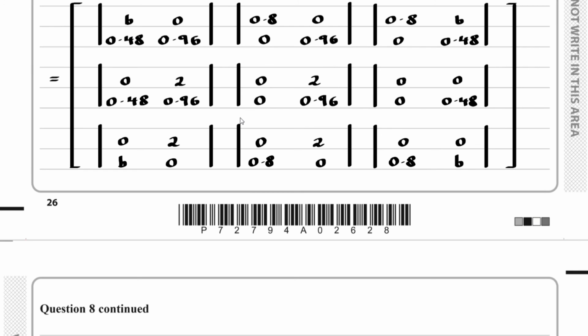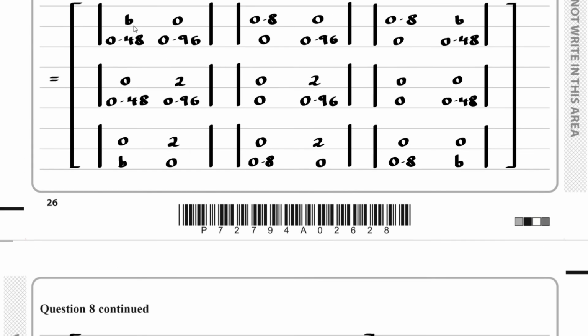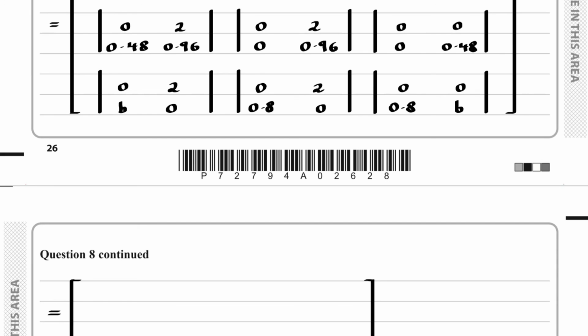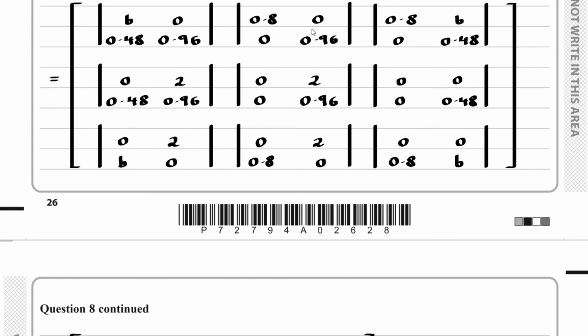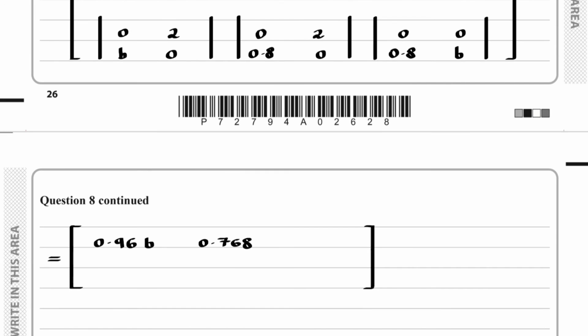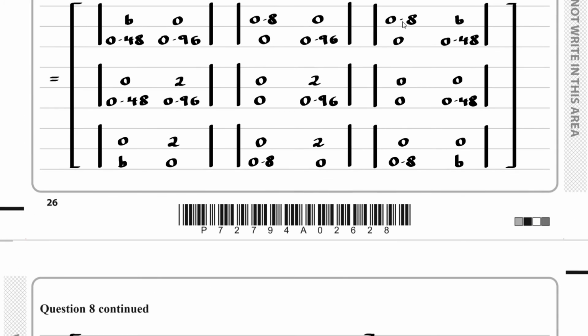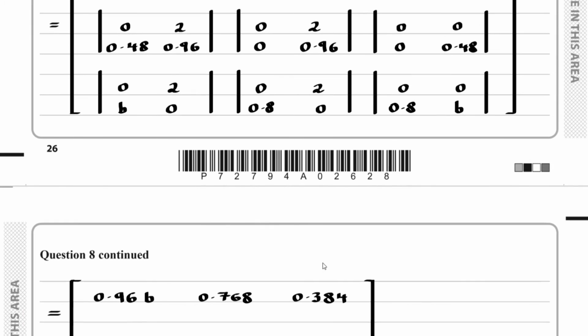So now that I've got all this, I can work out what that matrix is going to be. I've got B times 0.96 subtract 0, which is 0.96B. Here I've got 0.8 times 0.96 subtract 0, which is 0.768. Here I've got 0.8 times 0.48 subtract 0B, which is 0.384.